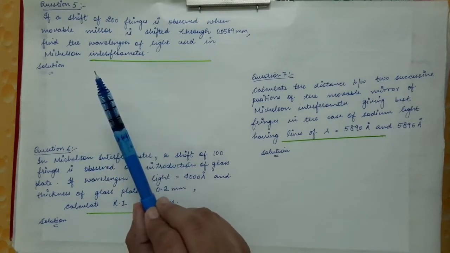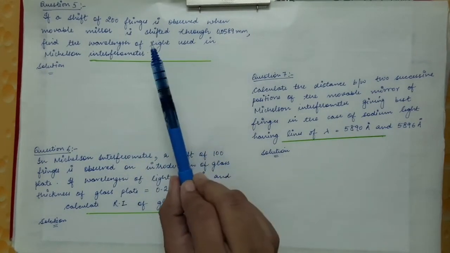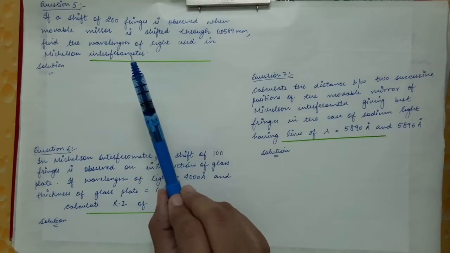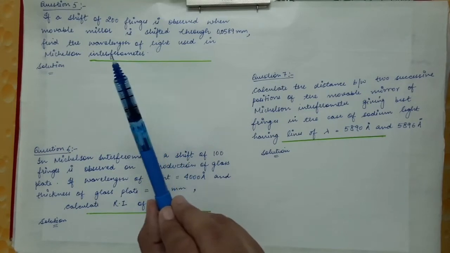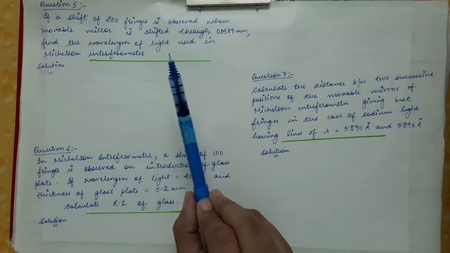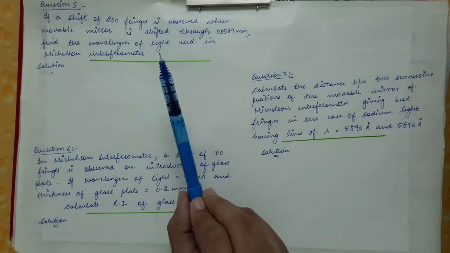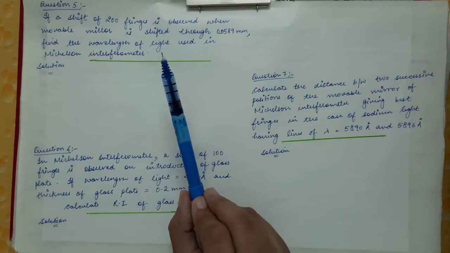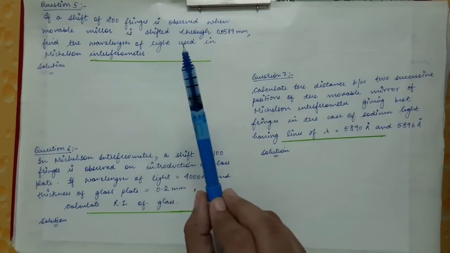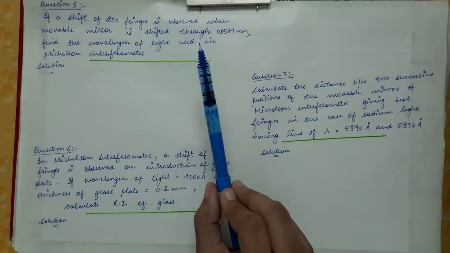And there we had also discussed that when one of the two mirrors, M1 or M2, is moved, the fringe pattern changes. So the fringes collapse or expand according to the position of the mirror, if it is brought near to the beam splitter or moved away from the beam splitter.